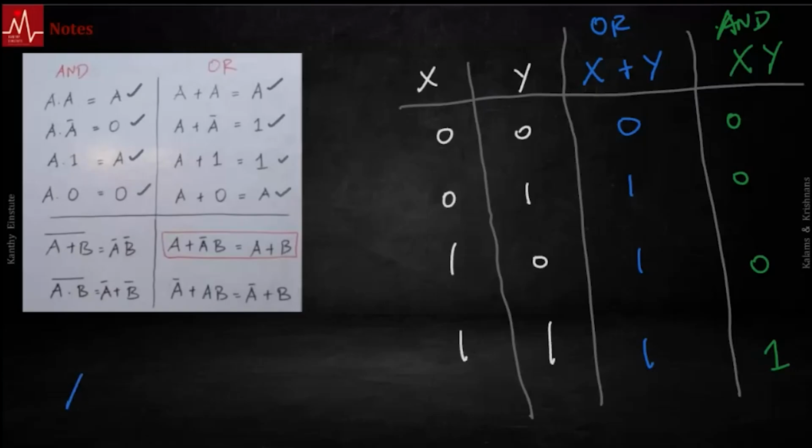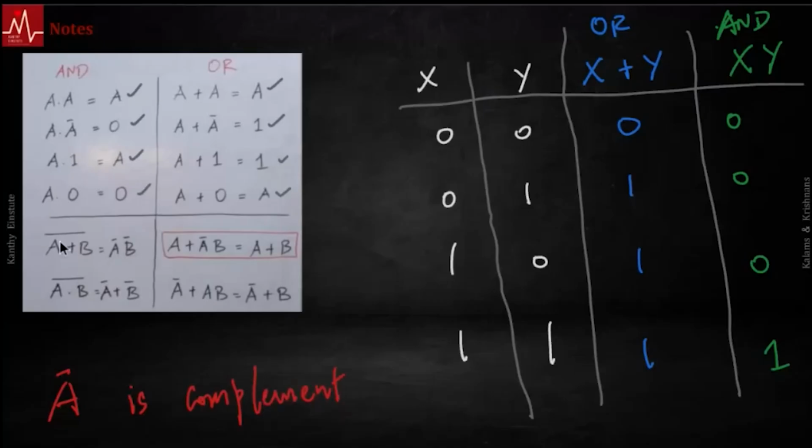Let's write it. A bar is sometimes written as A dash, sometimes written as A complement. Let's stick to A bar as complement. If A is 0, this is 1. If A is 1, this is 0.